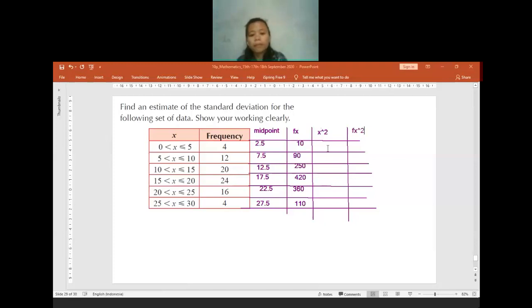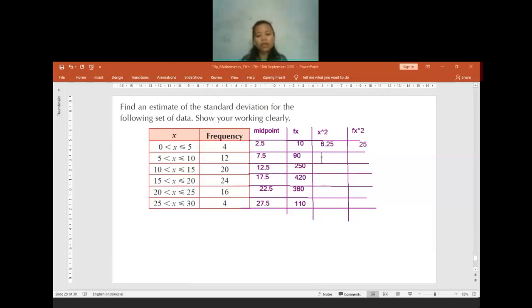So now, what do you think? Do you want to go directly to the fx square, or find the x square first? Either one is fine for me. Hello, are you still there? If we find the x squares first, we need to square the 2.5. 2.5 squared will be 6.25.